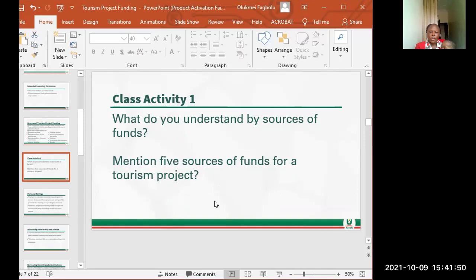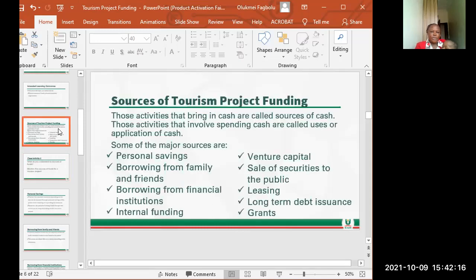Okay, good. Now, can you please mention 5 sources of funds for a tourism project? We've mentioned them in the slide preceding this one.